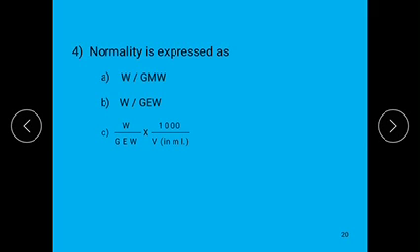Okay, question number 4. Normality is expressed as A, W by GMW. B, W by GEW. C, W by GEW into 1000 by V in milliliters. D, W by GMW into 1 by V in liters. The right answer is C, because we already learned the formulas.